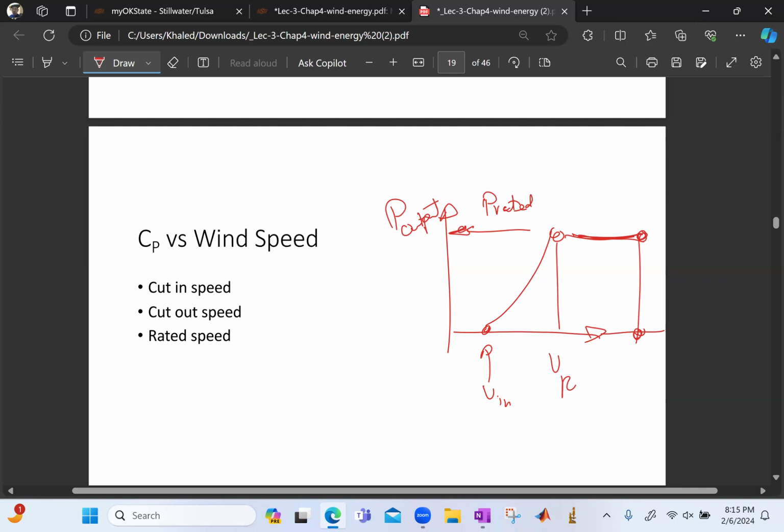So to figure out how much energy in kilowatt hours we are producing, we need to figure out that site's statistics. We need to know how many hours per year you're going to be without any power, and how many hours per year you are in this range. Because even in that range, if you bought a 3 megawatt wind turbine, it's not producing 3 megawatts. So you are not getting your rated power, right?